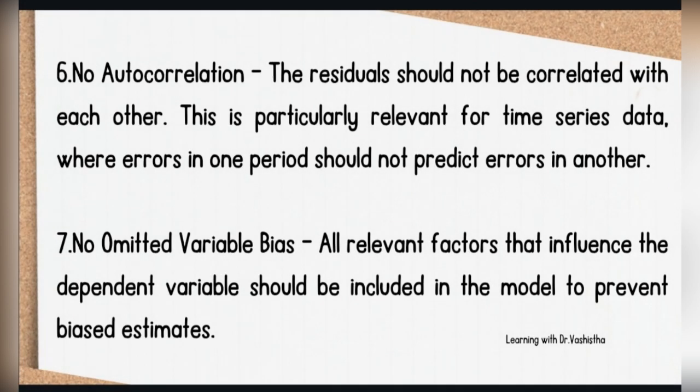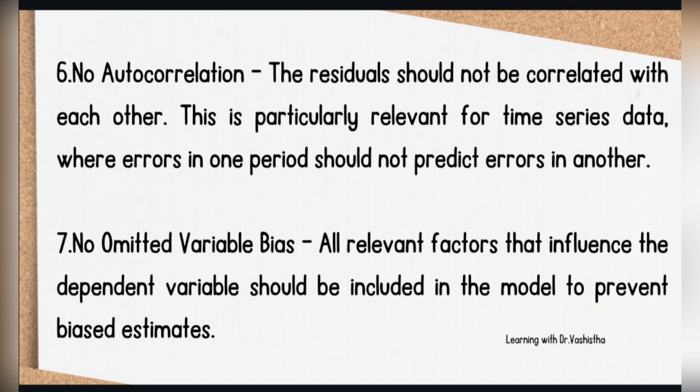Then comes the assumption of no autocorrelation, which says that the residuals or the error terms should not be correlated with each other. This is particularly relevant for time series data, where errors in one period should not predict errors in another, or the whole test will get distorted.